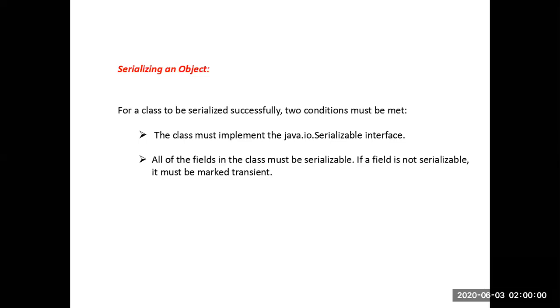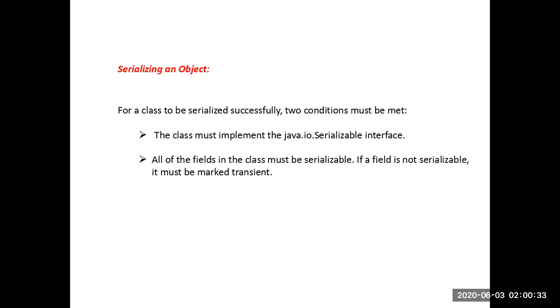If you make a variable transient, that variable will not be converted into a sequence of bytes, and it will not be transferred over the network. I will show you these two points in the program too. First, remember these two points: the class must implement the Serializable interface, and all the fields in the class must be serializable.